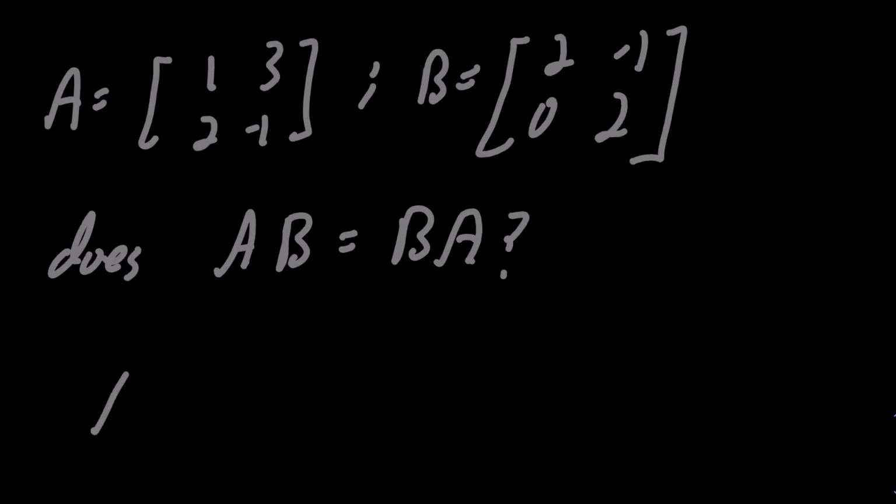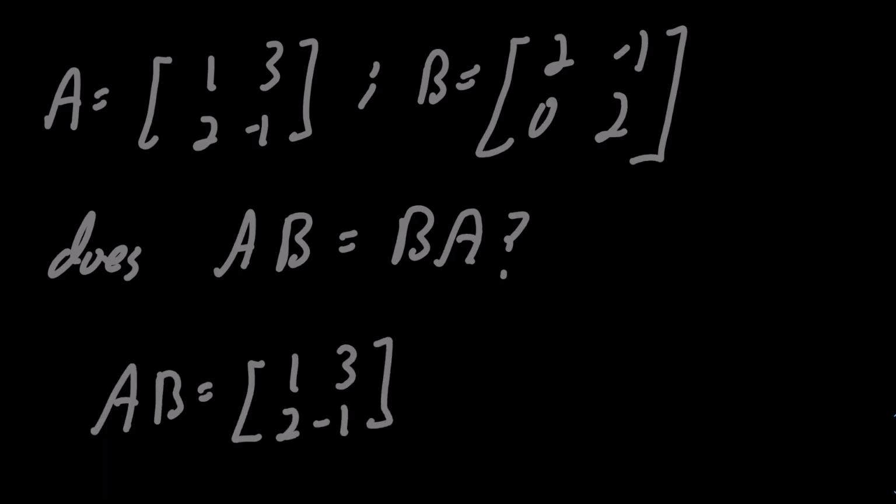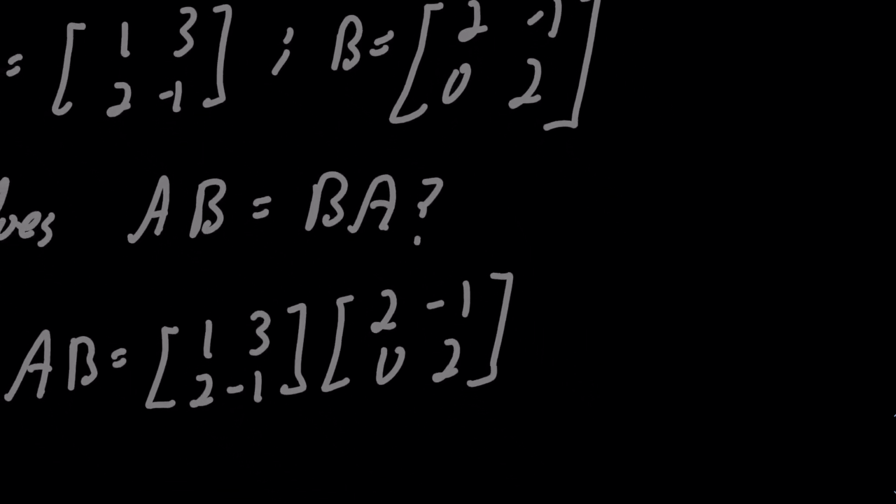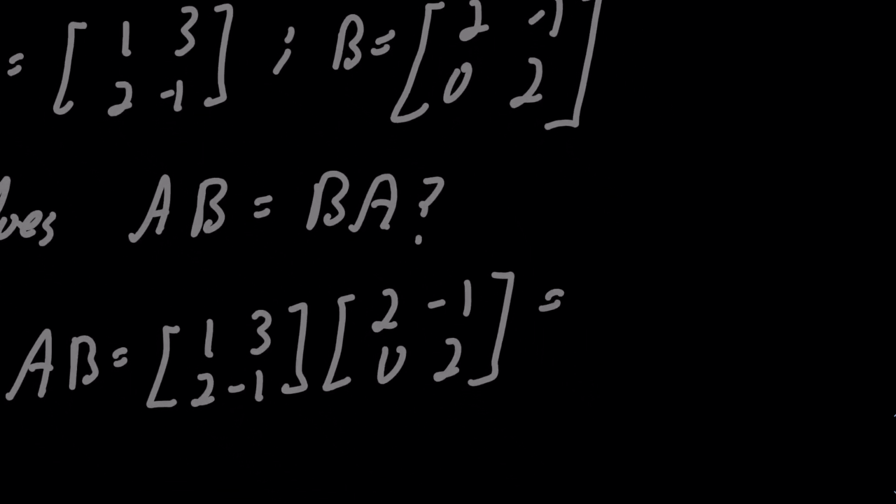We have A, which is 1, 3, 2, negative 1, and the B matrix is 2, negative 1, 0, 2. When we multiply each row by each column, we get 2, 5, 4, and negative 4.